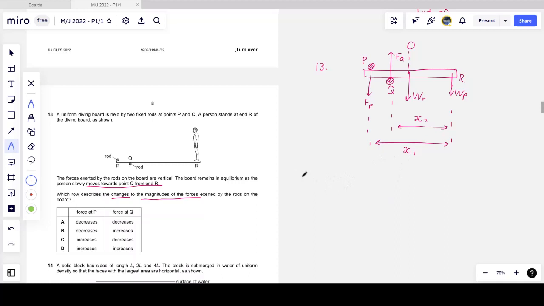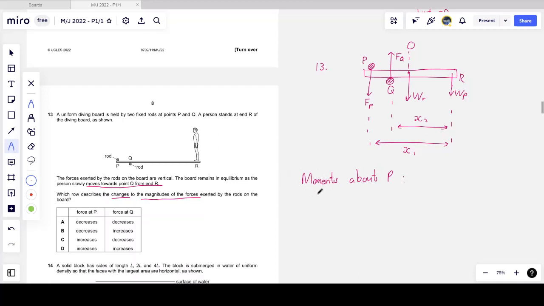Okay, so first I'm going to take moments about P. Moments are important here. Whenever you see a rod or a plank with masses on either side, immediately you know that forces are important, but moments are just as important. So I'm going to first take moments about P.